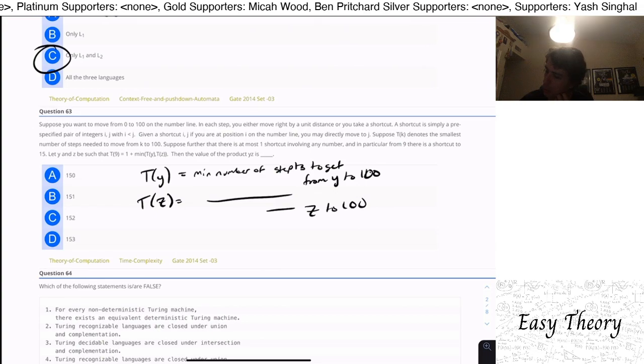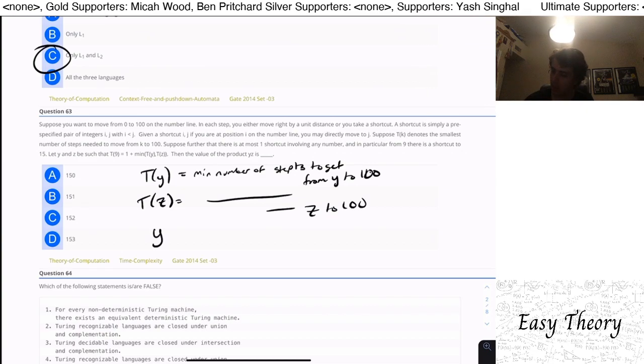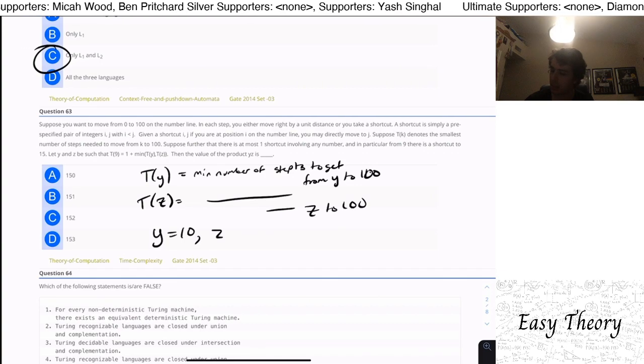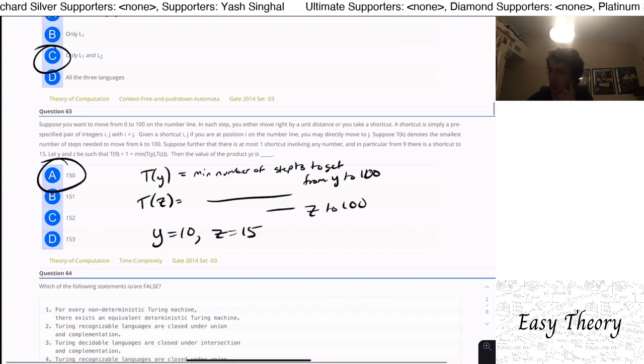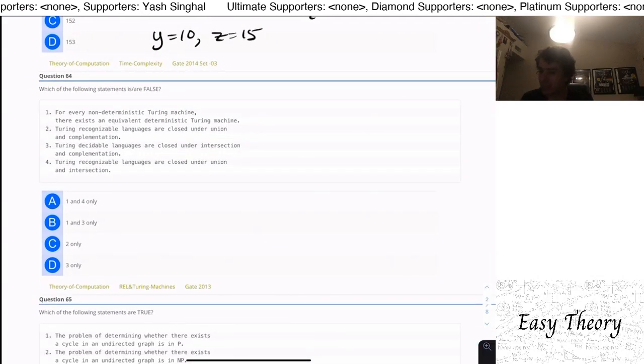Okay, so we can always move right by one element. So Y is 10, or could be 15, and Z is the other one, which is 15. So Y and Z, okay, so it is 150. Okay, that's a really in-depth problem for something that's kind of easy.